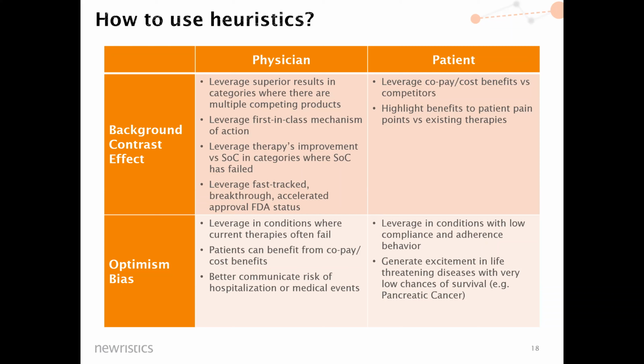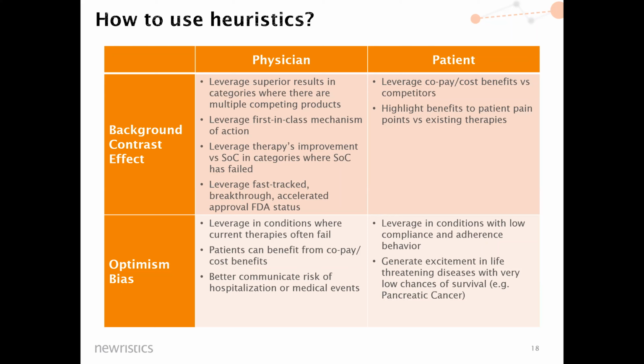Optimism bias, similarly, is going to be very powerful if you're working in therapeutic areas where current therapies often fail, where there's a lot of symptomatic relief that physicians and patients are seeking, where there are risks of medical events or complications or hospitalizations, etc. That's another area where people tend to use optimism bias, in that they think it's not going to happen to them, not going to happen in their practice or their hospital.